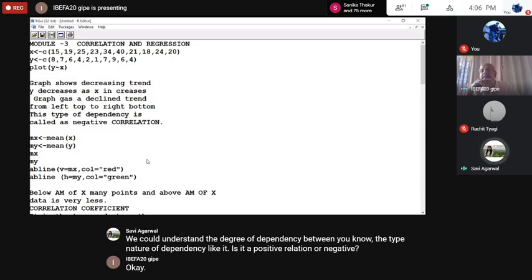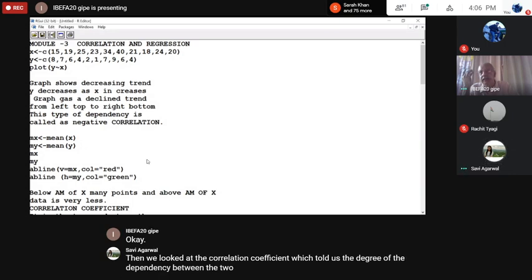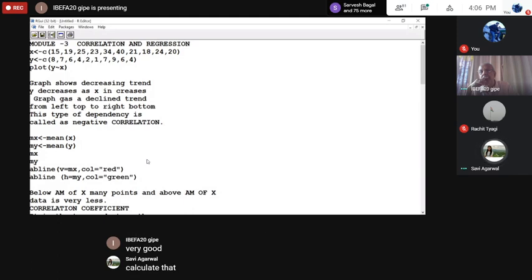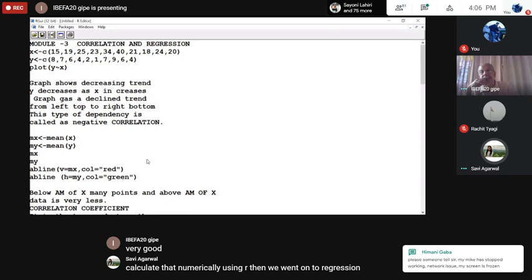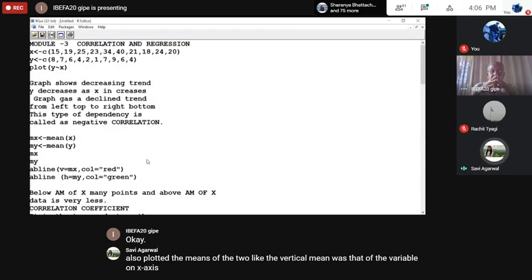Then we looked at the correlation coefficient, which told us the degree of the dependency between the two variables, and checked how we could calculate that numerically using R. Then we went on to regression and we also plotted the means of the two. The vertical line was the mean of the variable on the x-axis and the horizontal line was the mean of the y-axis.